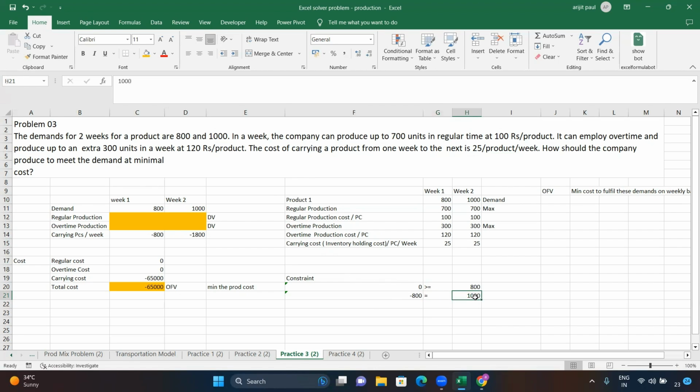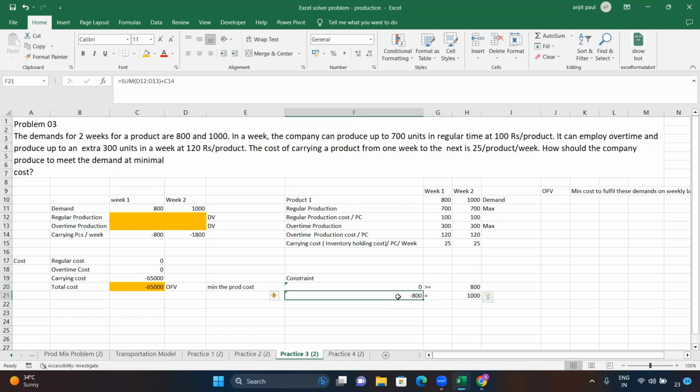So the logic needs to be clear that we need to satisfy the demand at any cost. Okay, so as of now, we have 2 weeks of demand. So first of all, in the first case, we have mentioned greater than or equal to the demand of week 1, because whatever the leftover quantity for week 1, we can consider as inventory in week 2. So that is why we have mentioned here greater than or equal to 800.